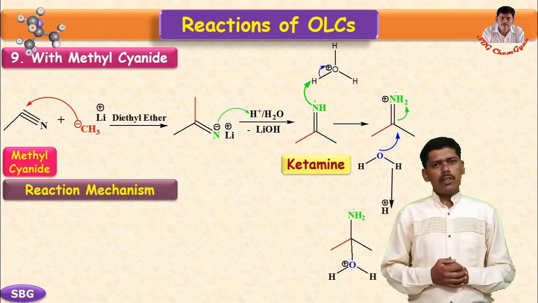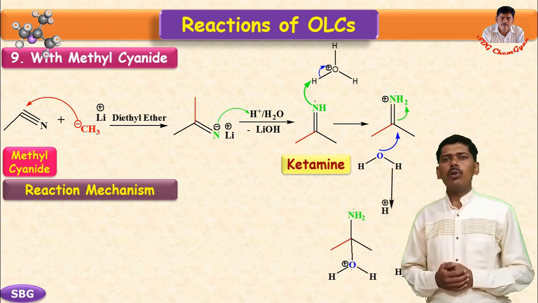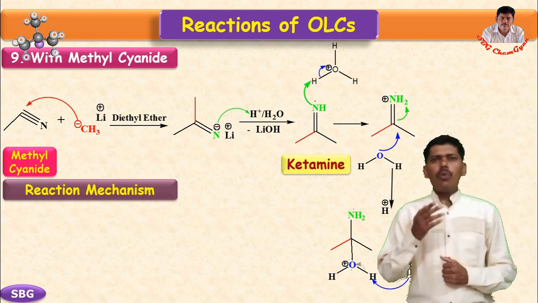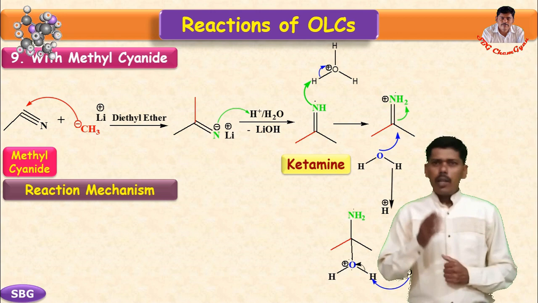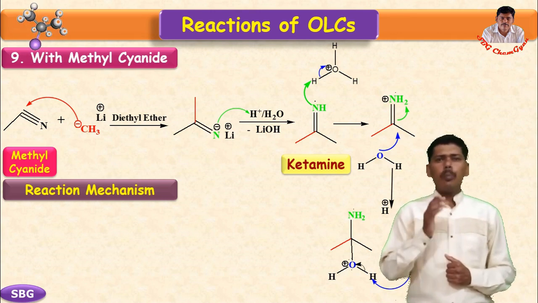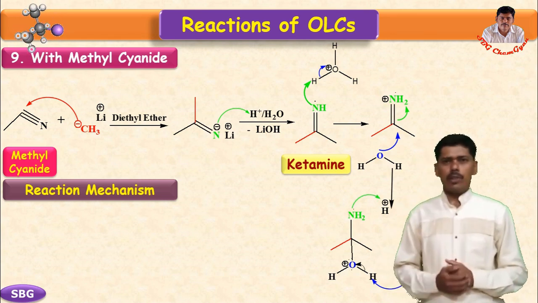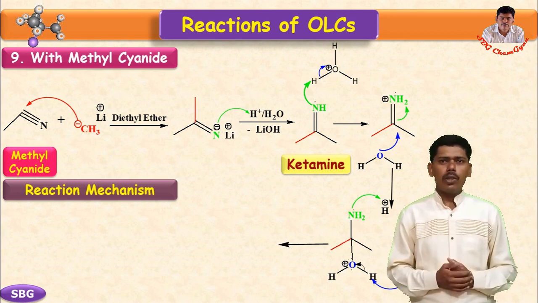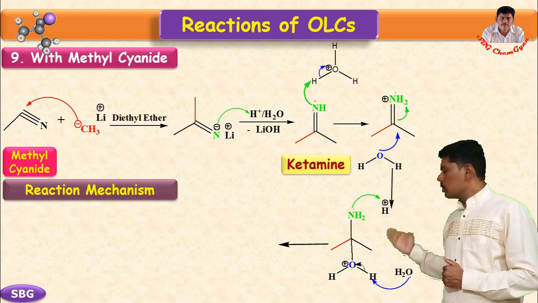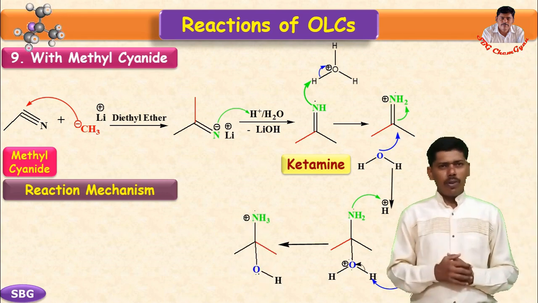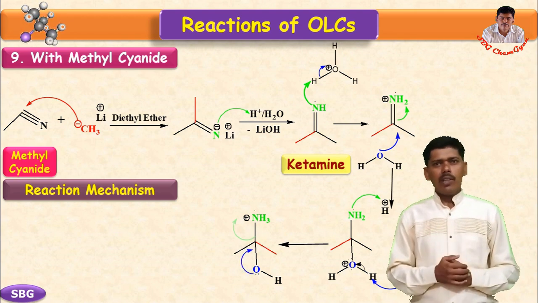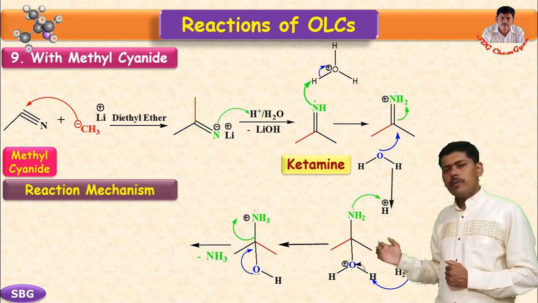It deprotonates the oxygen from the water molecule to neutralize the positive charge. In the next step, before the nitrogen leaves, it needs to be made into a better leaving group by protonation. The lone pair on the oxygen pushes out the nitrogen leaving group, a neutral molecule of ammonia. Deprotonation reverses, and the formation of acetone takes place.